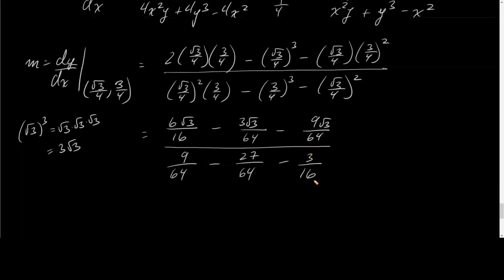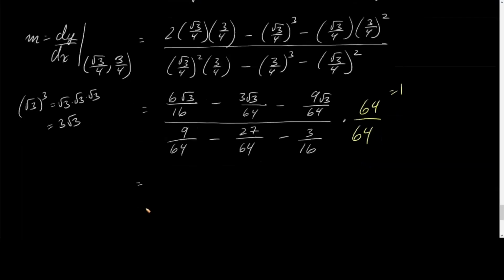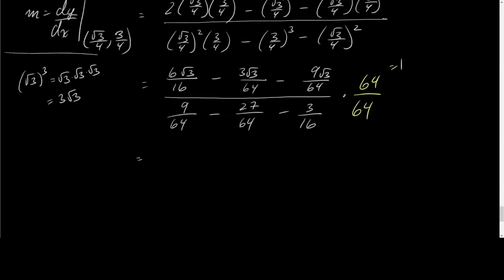Now, the next thing I'm going to do here is, I see a whole bunch of fractions. So I'm going to multiply by the least common denominator of all those fractions, which is 64. So I'm multiplying by 64 over 64, because that fraction is just equal to 1, and we know that we can multiply by 1 and not change anything. So when I distribute that 64, what do I end up with? 64 times 1/16 is just 4.